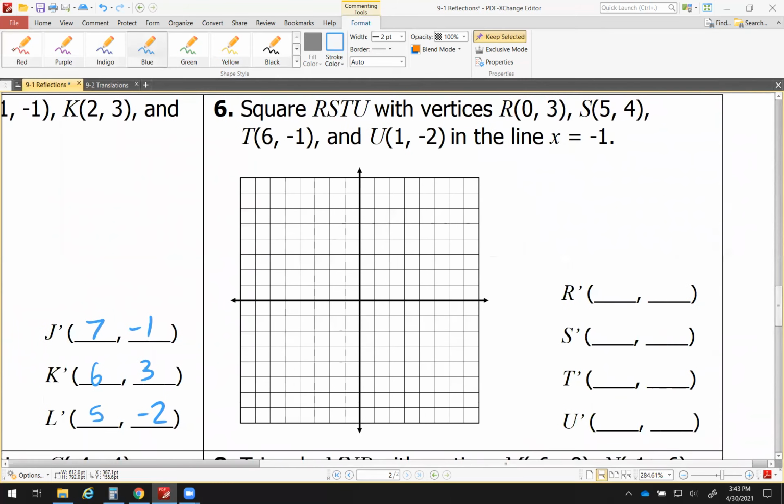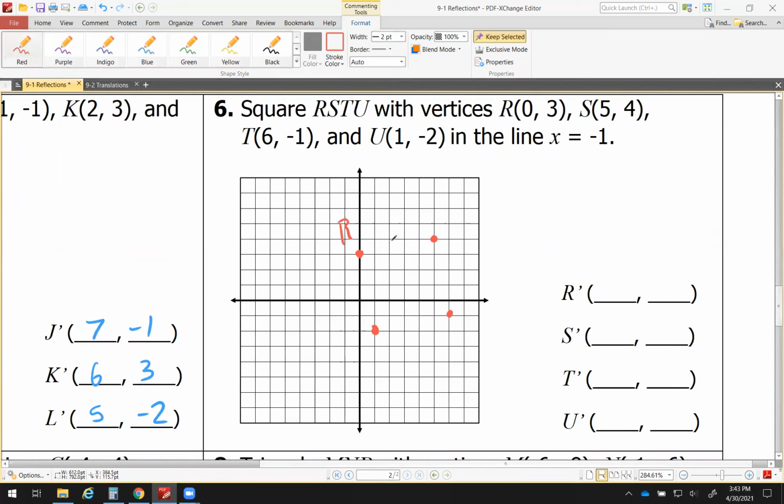Number 6, we've got a square RSTU. So R is at 0, 3. S is at 5, 4. T is at 6, -1, and U is at 1, -2.